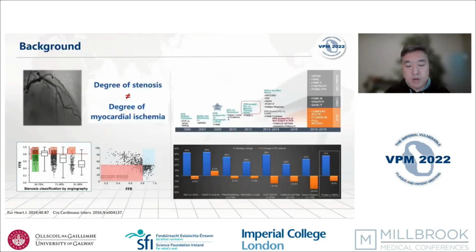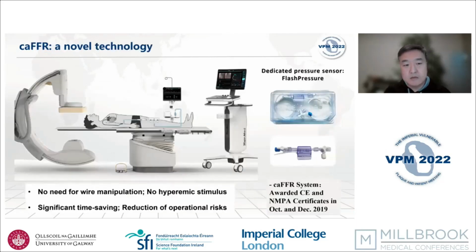We know the degree of the stenosis is not equal to the degree of myocardial ischemia. So FFR is a much better way to diagnose myocardial ischemia. So we propose our caFFR system. Our system needs two parts. One part is our pressure sensor, which we call the flash pressure.